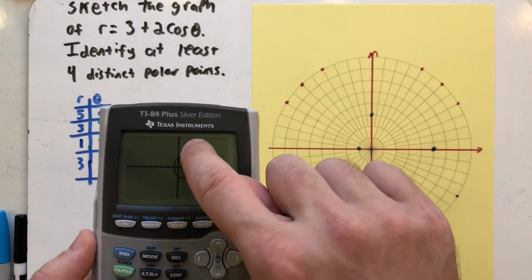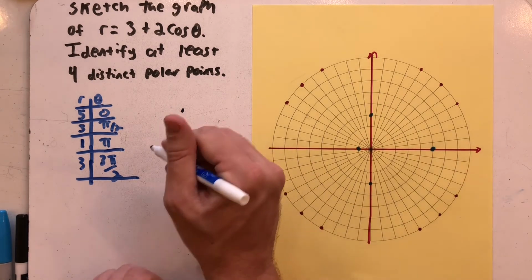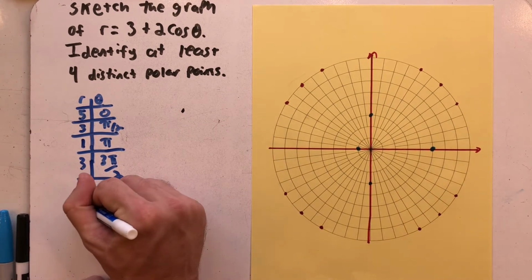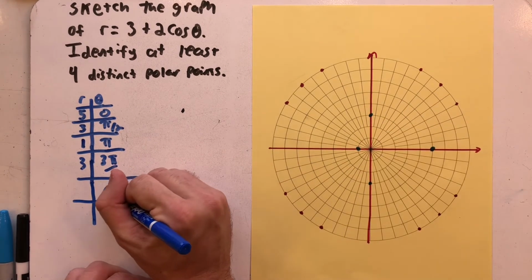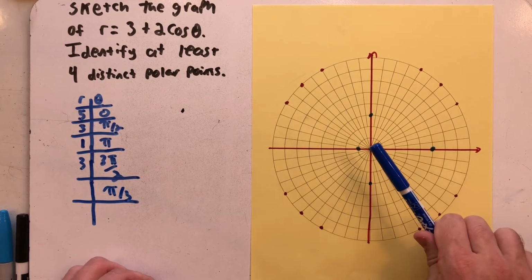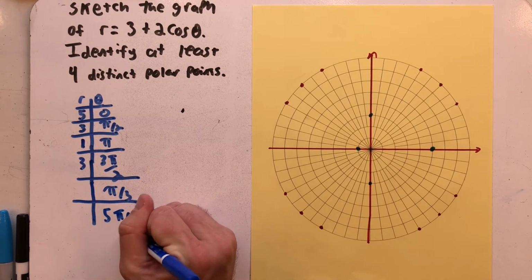But I'm going to go on and add 2 more points, just because I'm curious at what happens in the first and fourth quadrants. So to my table, now a little bit out of order, I'm going to add in what happens at pi over 3, and down here in quadrant number 4, I'm going to add in what happens at 5 pi over 3.